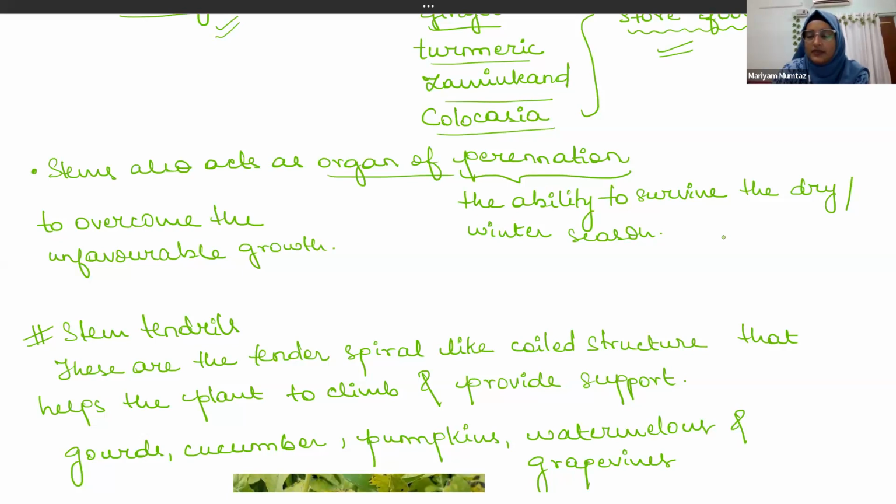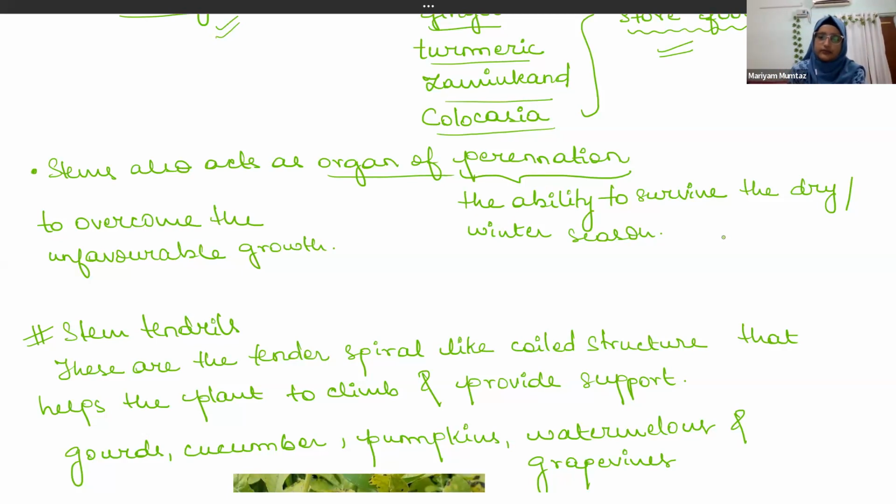Meaning it has the ability to thrive through harsh weather conditions and unfavorable conditions. So the stems also act as the organ of perennation. They make the plant overcome the unfavorable time period.